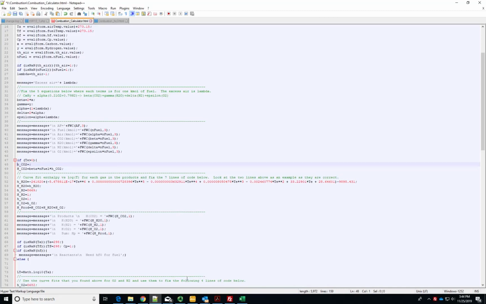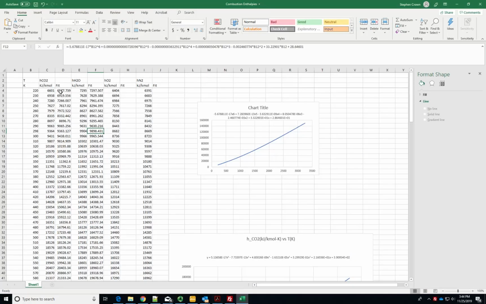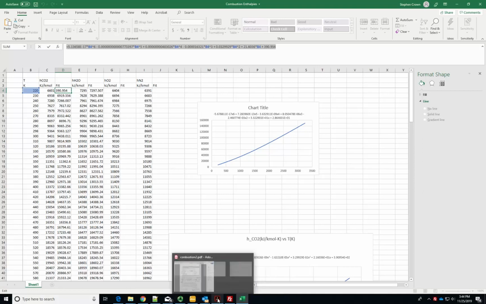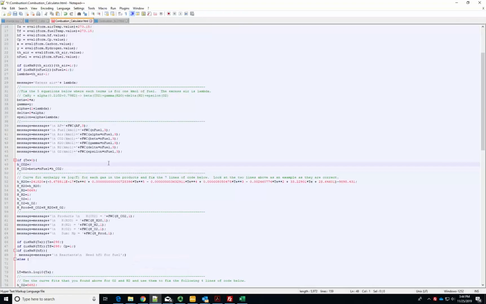And I can put in my equation for CO2. And that equation I have here, fitting it here. And for the CO2, I have negative 393,520 plus, put my function in, minus at 298.